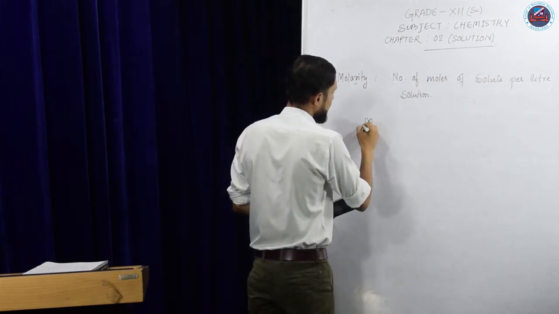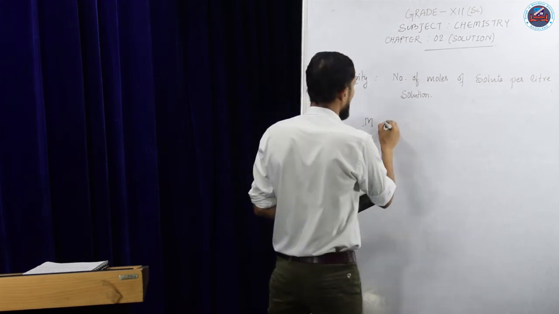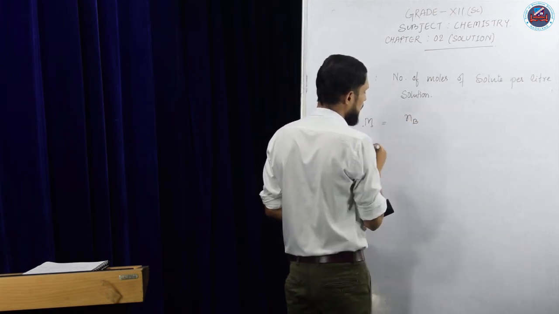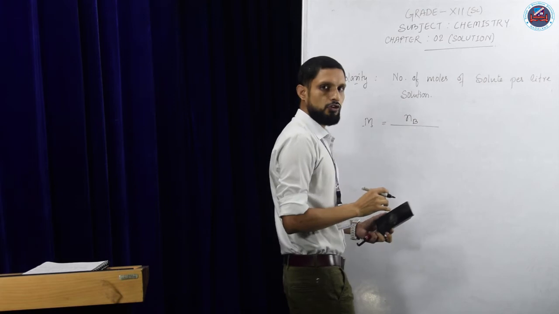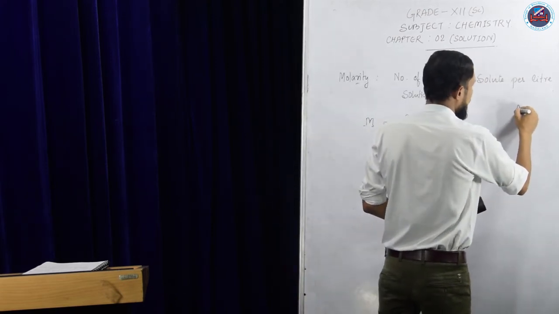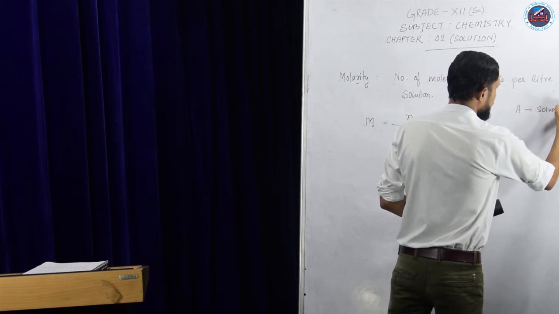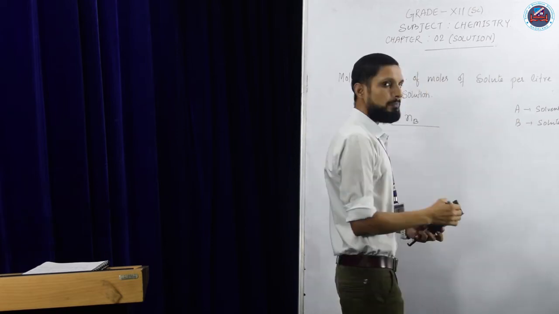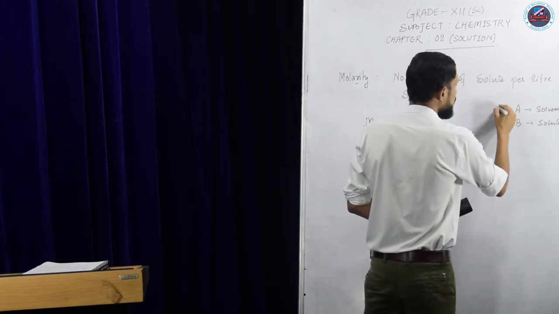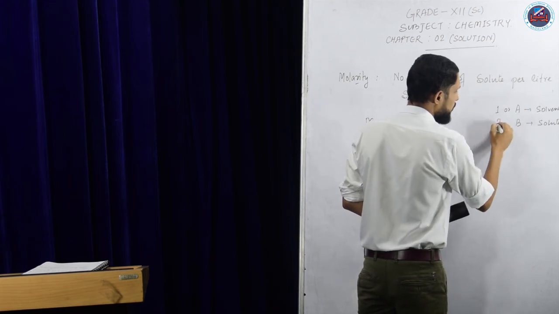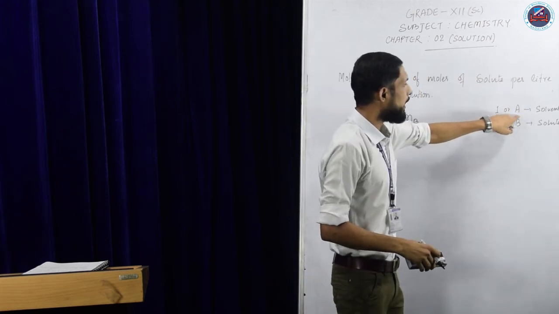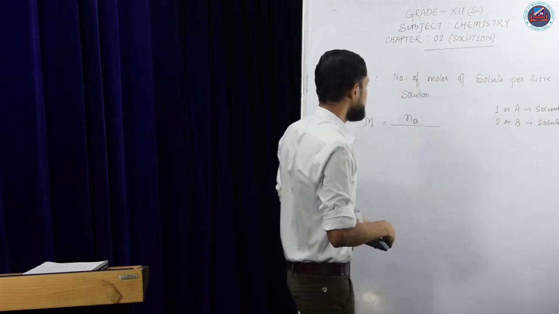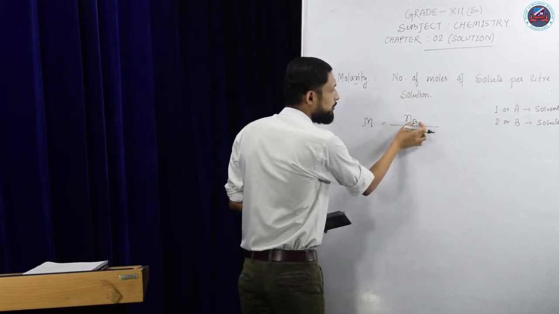Mathematically, it is represented as capital M, which represents molarity. Molarity is equal to number of moles of solute, that is NB, where B means solute. You can take A as solvent and B as solute. In some textbooks, instead of A, they use 1, and instead of B, they use 2. So 1 or A means solvent, 2 or B means solute.